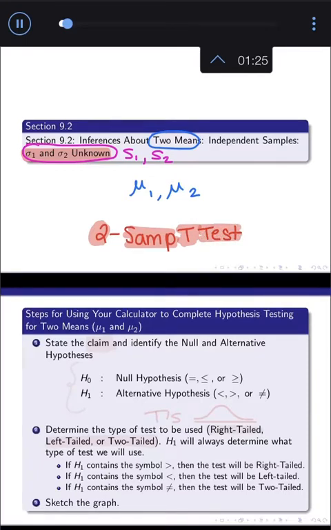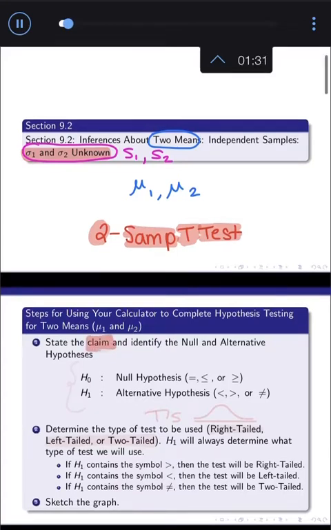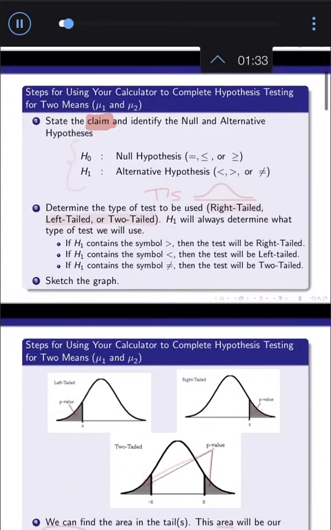So let's take a look. We are still going to have to identify the claim first, just like before. Then we're going to have to figure out, where does our claim land? Does it land in our null hypothesis because it has an equal to, or does it land in the alternative?